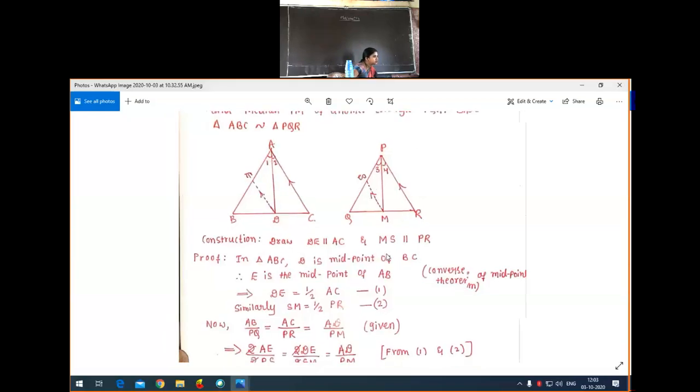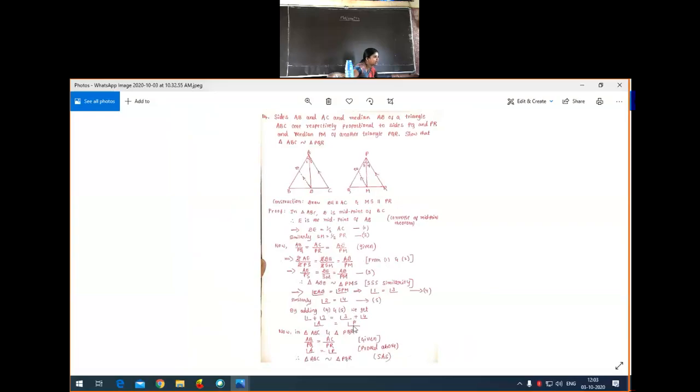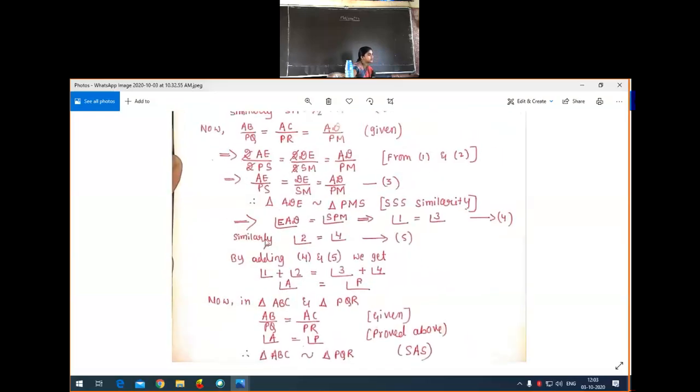So angle A is equal to angle P we got. Now take the two triangles whose similarity we have to prove, that is triangle ABC and triangle PQR. In that, AB by PQ is equal to AC by PR is given, and angle A is equal to angle P we have now proved.